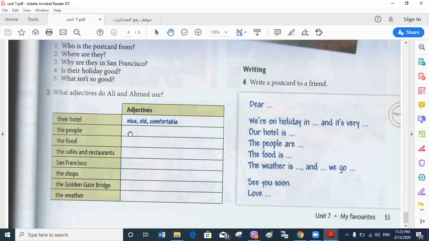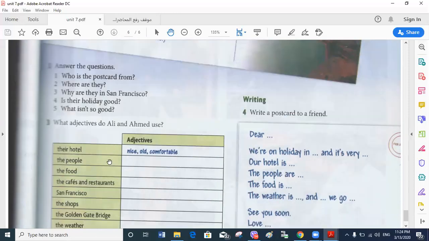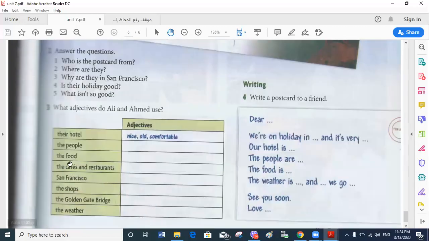Maybe they are talking a foreign language, or they are talking with a different accent. They speak English, but there is some accent in English. The American accent is too different from the English that they speak in England, for example. That's why. So you can also find some adjectives from this postcard and write them for the food.